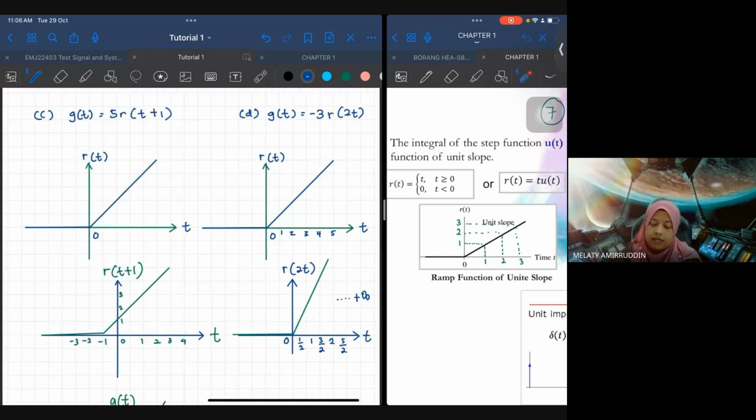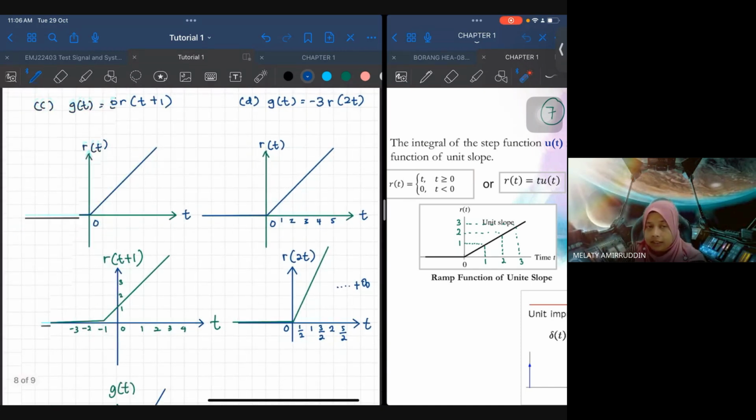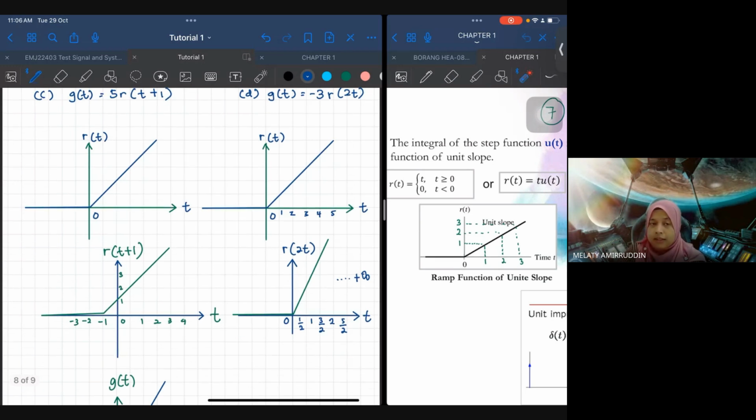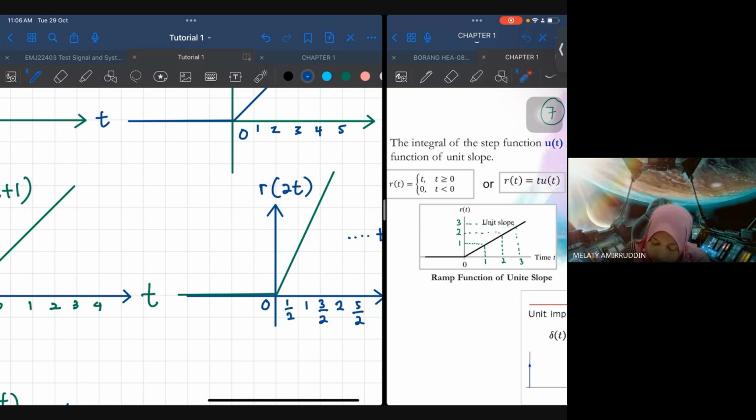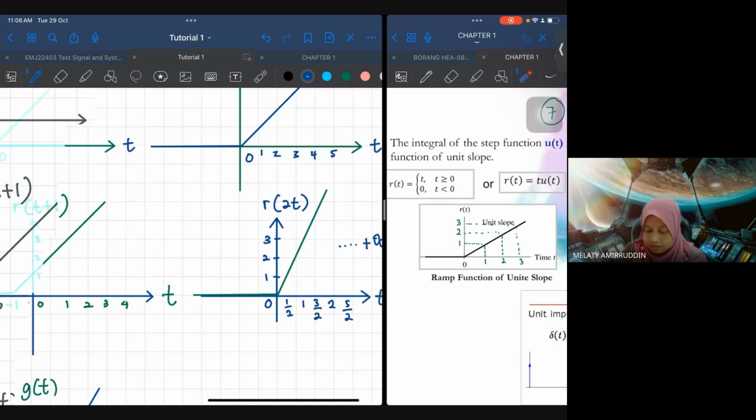And the amplitude, -3, meaning that you need to multiply the amplitude by -3. So this is 1, 2, 3. Okay.